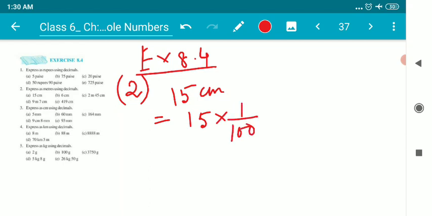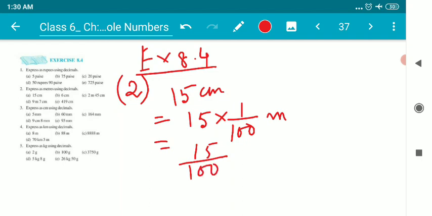Yes or no? Because 1 centimeter is equal to 1 by 100 meter, naturally 15 centimeter means 15 into 1 by 100. Once we multiply with 1 by 100, it will turn into meter automatically. So the number is 15 by 100.